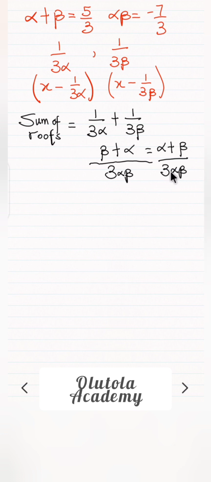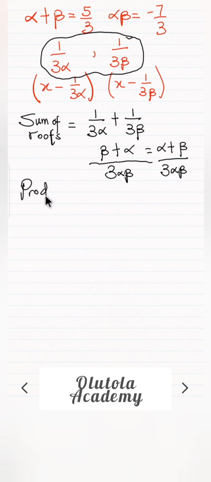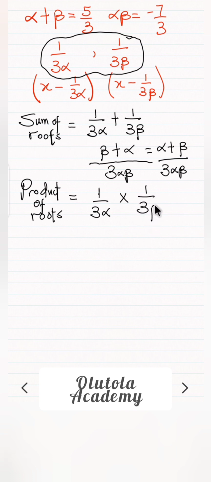So that's my sum of roots for the equation I am to find. Now I'm going to find the product of roots, and product is multiplication. I will have 1 over 3 alpha times 1 over 3 beta. Now that will give us 1 over 9 alpha beta.